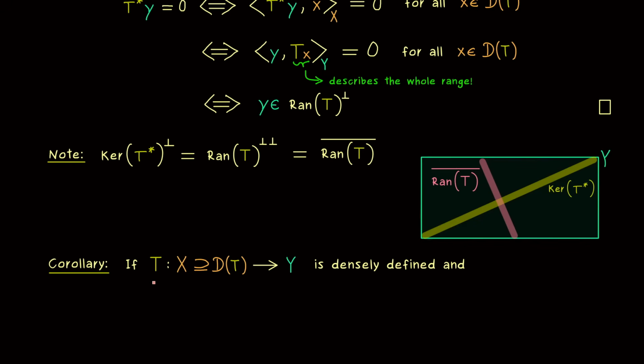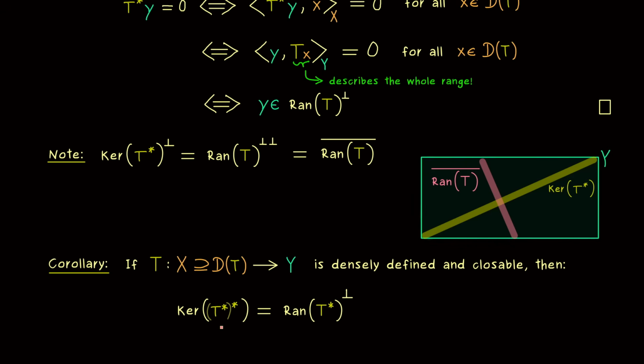And in fact, we can also get a nice decomposition of our Hilbert space X if we assume that T is a closable operator. Indeed, closable here allows us to use the adjoint of the adjoint. In other words, we can just use the formula from above and apply it to T star instead of T. So this is definitely correct because T star is also a densely defined operator.